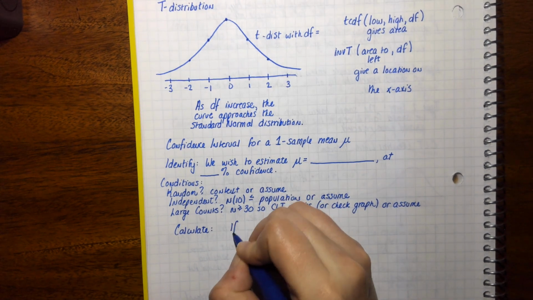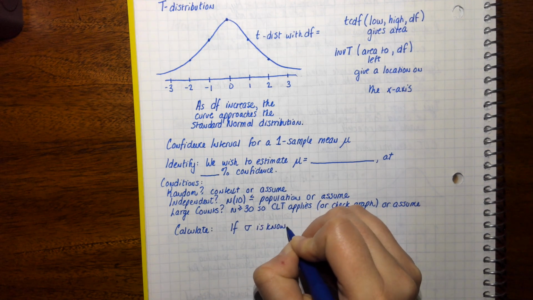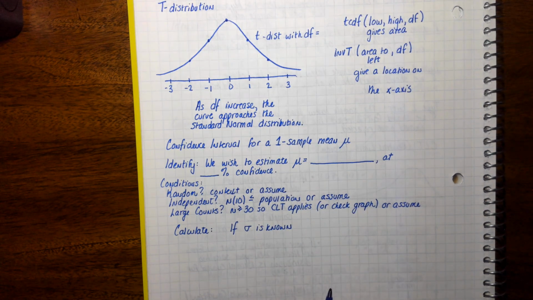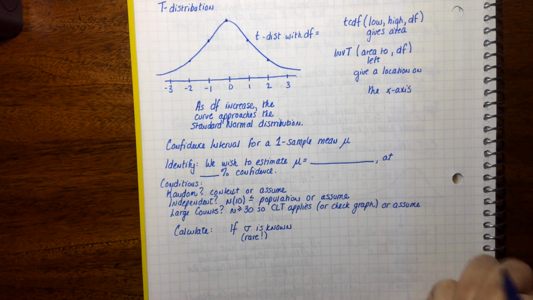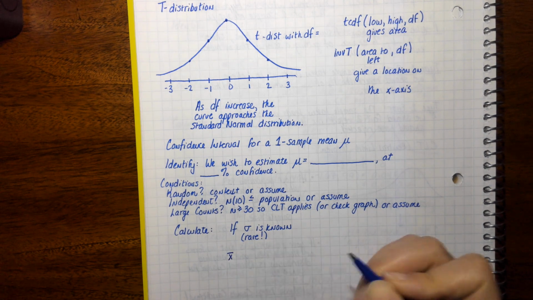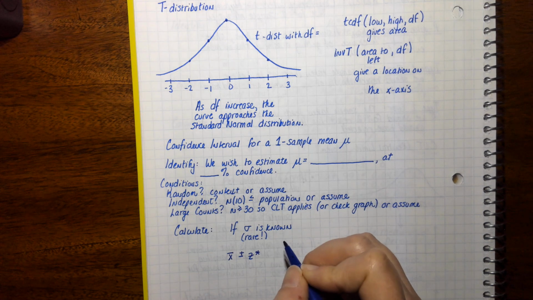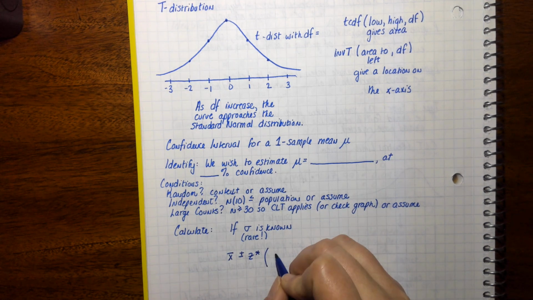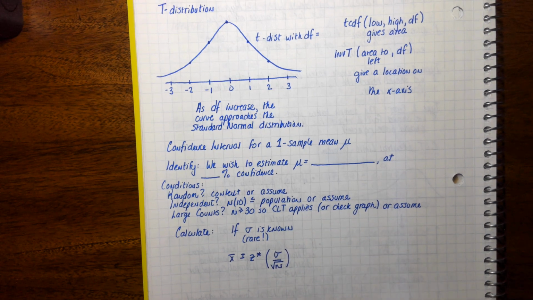If sigma is known, which is the population standard deviation, and this is very rare, your confidence interval will be the sample mean plus or minus z star times sigma over the square root of n.